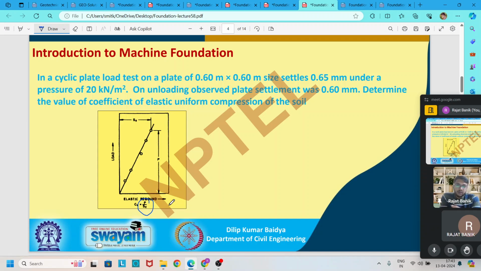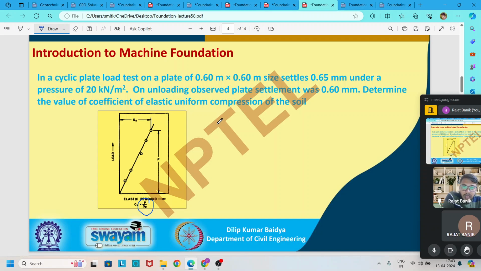On unloading, the observed plate settlement is 0.6 mm. Determine the coefficient of elastic uniform compression of the soil.